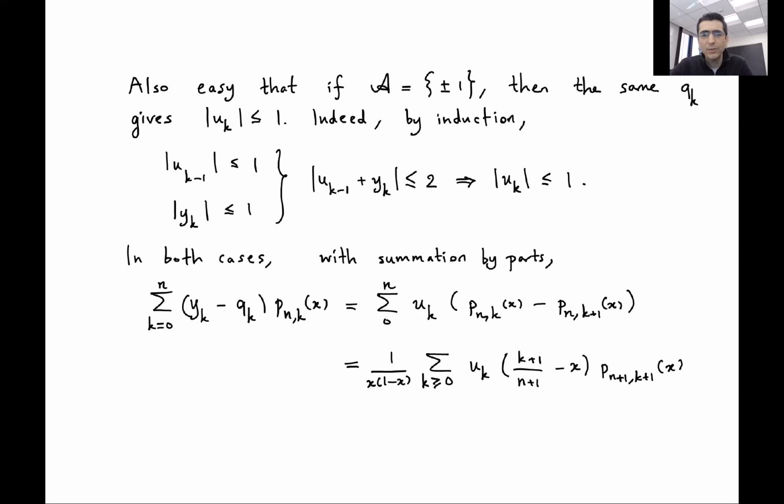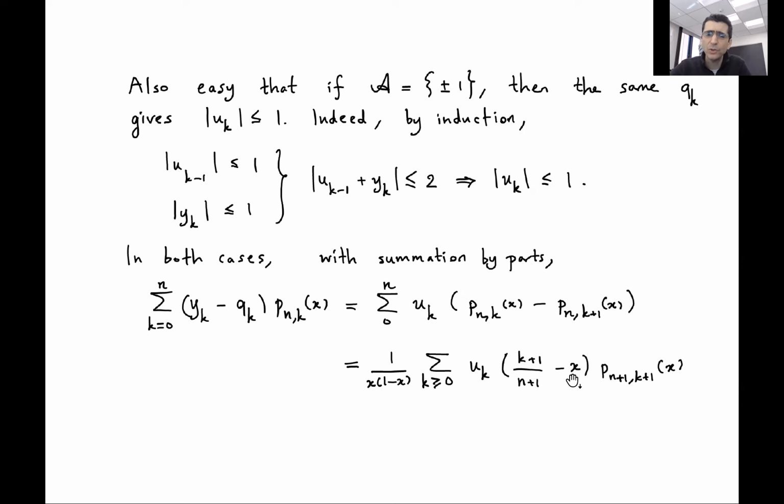So in both cases, what do we achieve? What we achieve is that now we have our overall error, which we know to be a high pass sequence, yk minus qk multiplying the Bernstein basis. We do summation by parts because this is uk minus 1. And then we just stated the formula for the consecutive differences of the Bernstein basis polynomials.